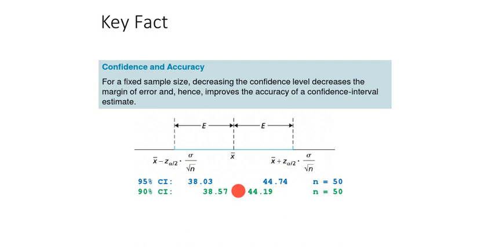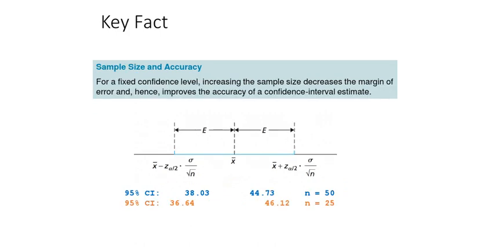We're just less confident in what the numbers actually are. 95% confidence interval certainly makes it larger, right? So the relationship here is that the larger the confidence level, the larger the interval that we have to deal with, so the less accurate, right? Higher confidence means less accuracy, lower confidence means higher accuracy.